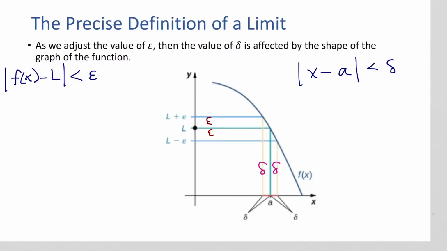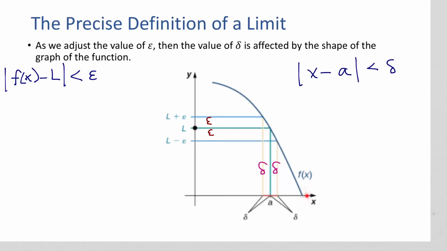So in order to understand what's going on with this definition, let's look at a diagram. We have some function f of x, and we're saying here that as we adjust the value of epsilon, that's the closeness of how close we are to the limit L, then the value of delta, that's the closeness to the value a, is affected by the shape of the graph of the function.